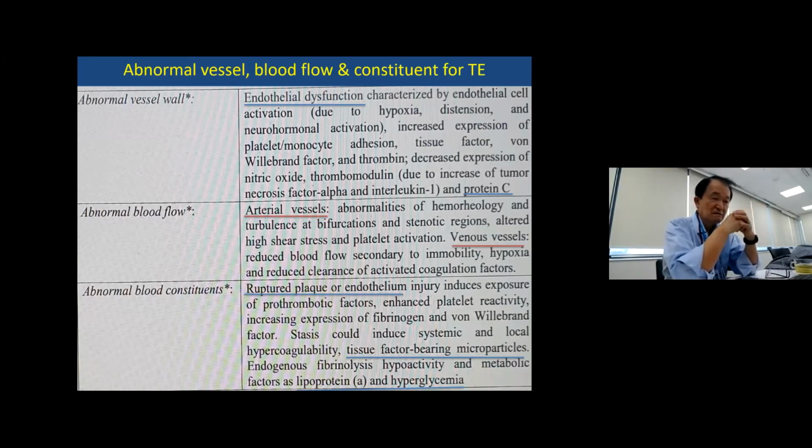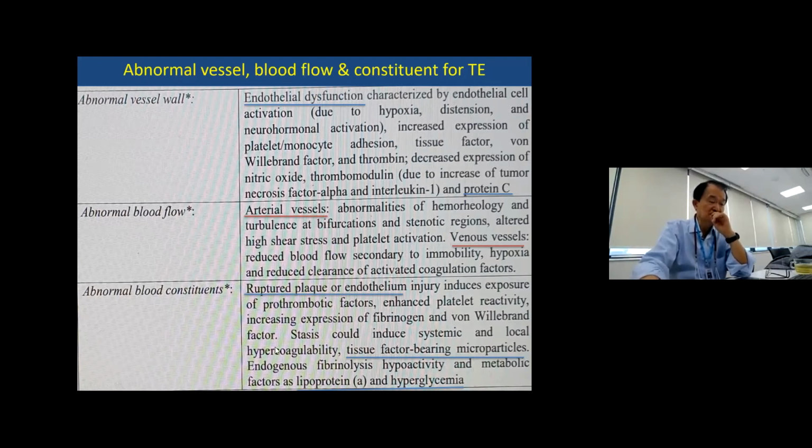That area can have aneurysm, and also if that area is damaged, it's easily because the flow is turbulent in that sort of acute junction. Venous stasis or immobility, certain hypoxia, etc., makes trouble. And endothelial dysfunction by hypoxia or distension or many factors, as I mentioned.